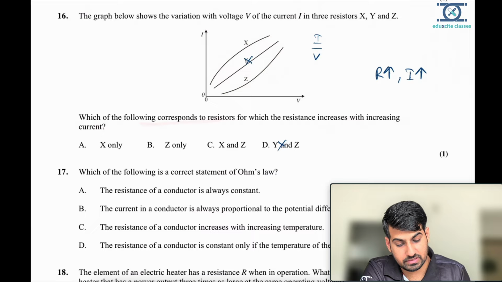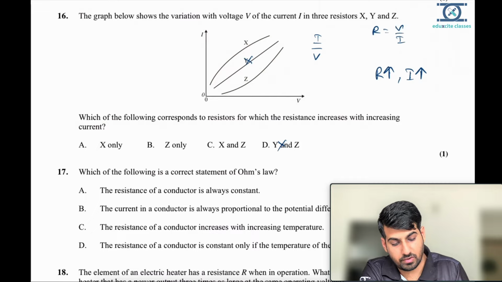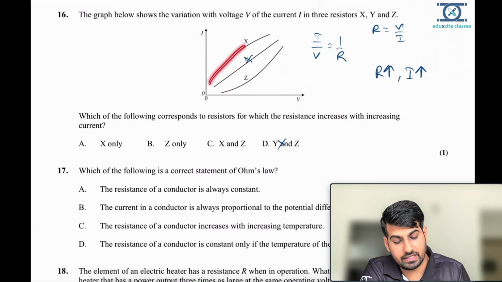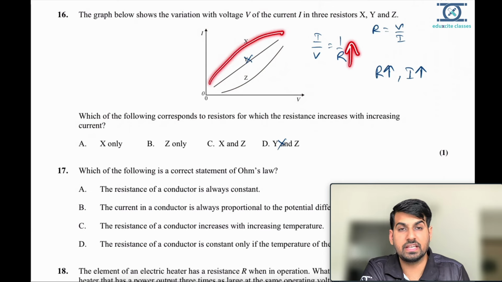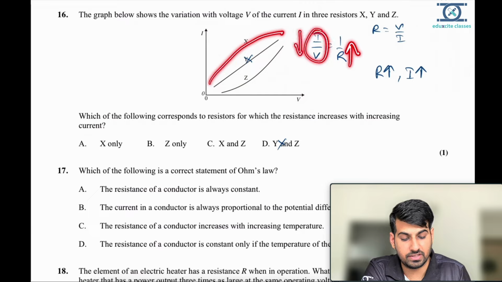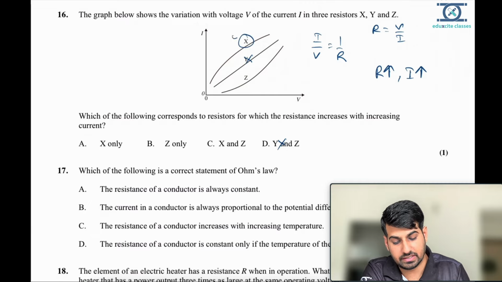Which of the resistors? The resistance increases. Now resistance is R. R is V by I. But for this it will be 1 by R. So if gradient is decreasing, it means resistance is increasing. This is the gradient. If this value decreases, it means R is increasing with increase in current. So option X will be the right answer.